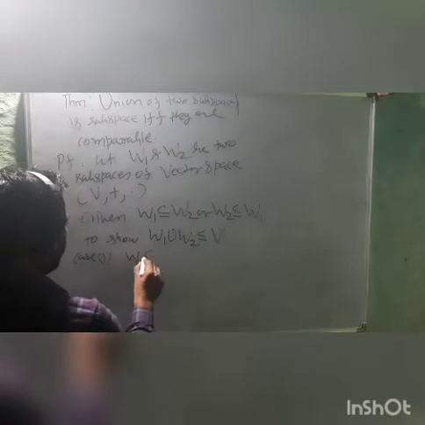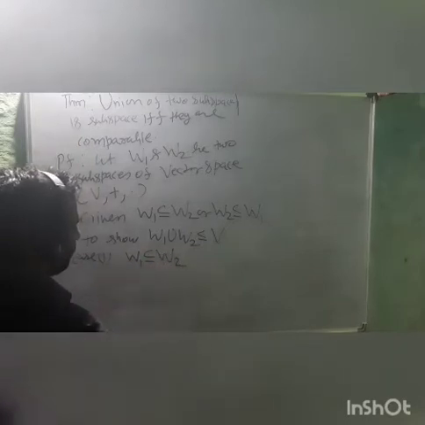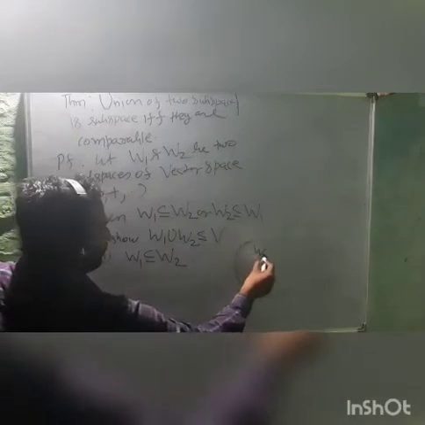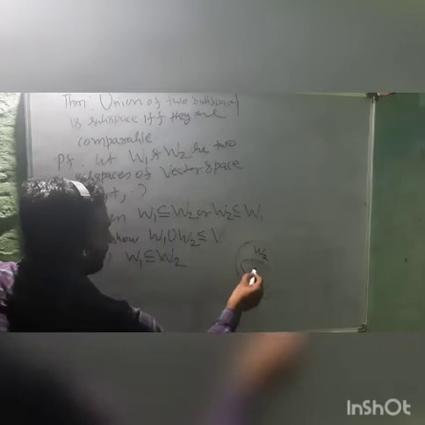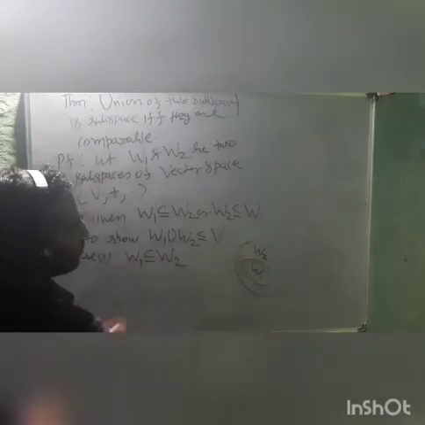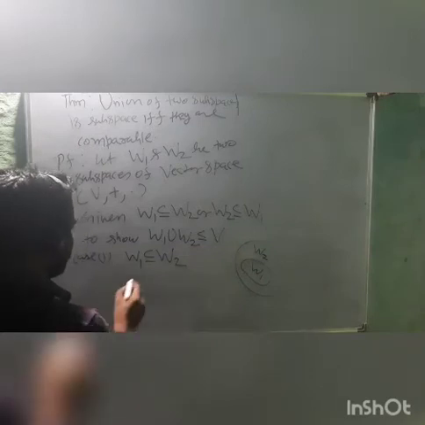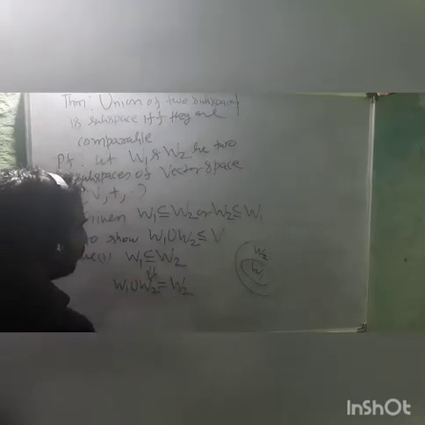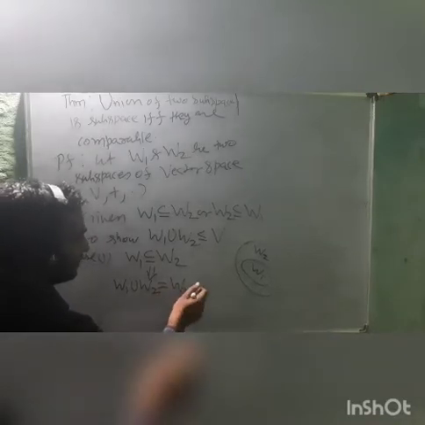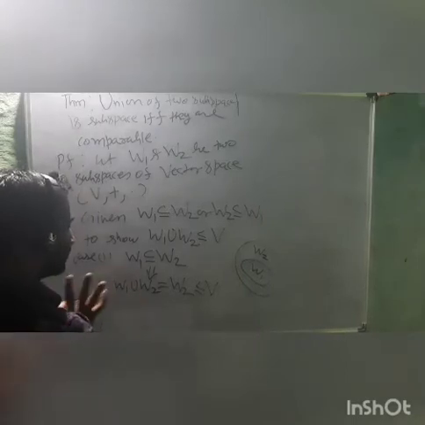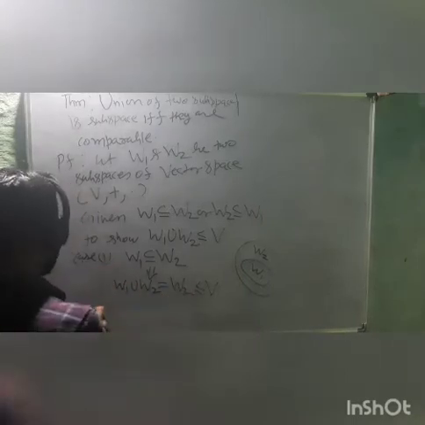Case one, if W1 is contained in W2, then what can you say about their union? The bigger set is going to be their union. So W2 will be their union. So therefore W1 union W2 is going to be W2, and this is a subspace already given. So the union is also a subspace automatically because W2 is given.